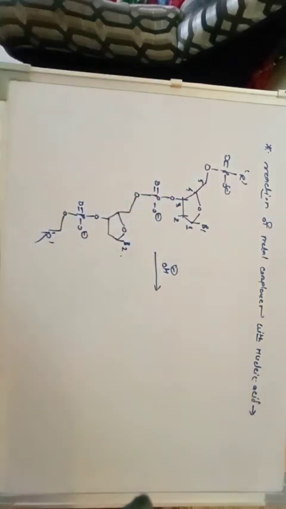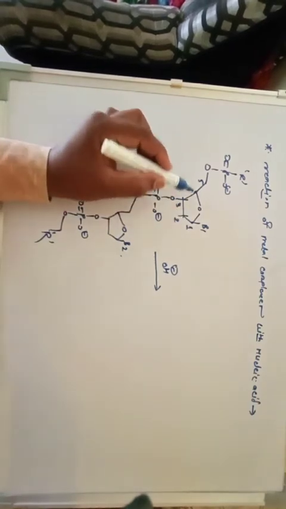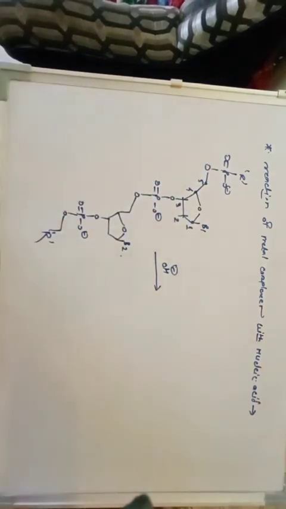So it will abstract hydrogen from C1, C4 and C5 carbon. This is your C1, then your C4, and this is your C5 carbon.